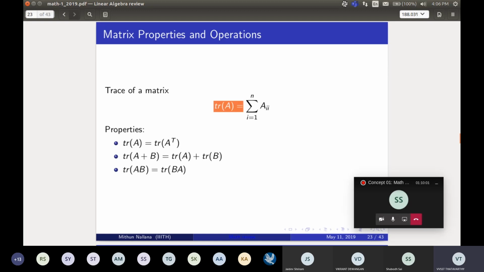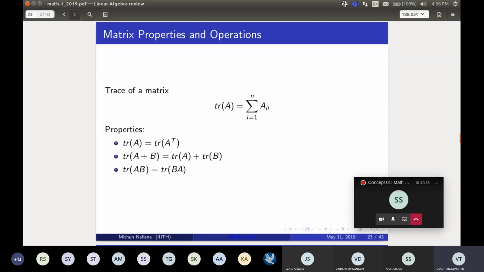And here comes the trace of a matrix. In a matrix, if you take the diagonal elements and sum them, here what we see is i comma i represents an element, so both the indices are the same. A11, A22, A33, A44 form the diagonal elements of a matrix, and you take the sum of them, which you call the trace.